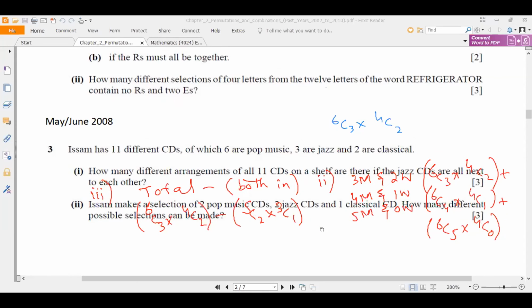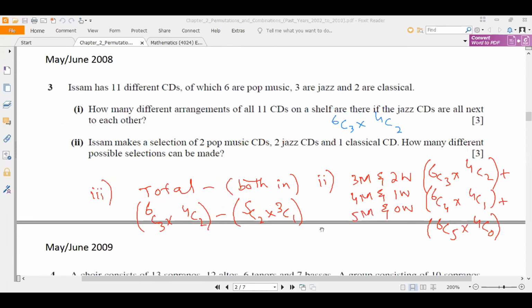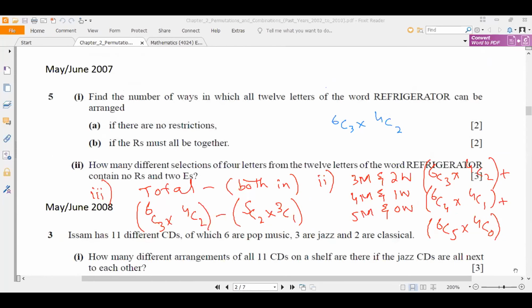So you have to attempt the next 5-6 questions हैं जो कि मई जून वाले हैं, वो आपने आज attempt करने हैं. कल हम इनको डिस्कस करेंगे और फिर आगे अक्टूबर नवंबर वाले भी हम क्वेश्चंस अटेम्प्ट करेंगे.